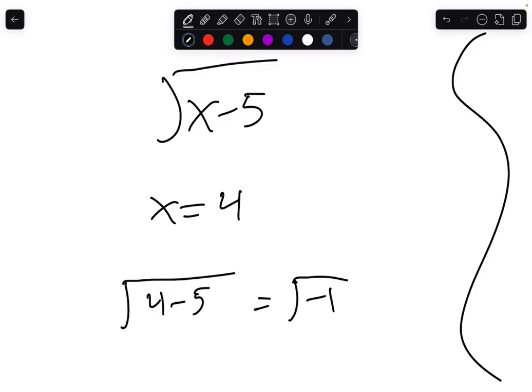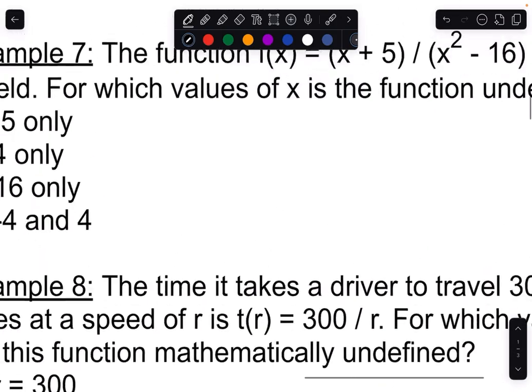Same thing if the x value was 3, 2, 1, 0, or really any number less than 5. If the x value was 5, well, 5 minus 5 is 0, and the square root of 0 is just 0. That's totally fine. So for square roots, you want to avoid the negatives. Now go back to the question.